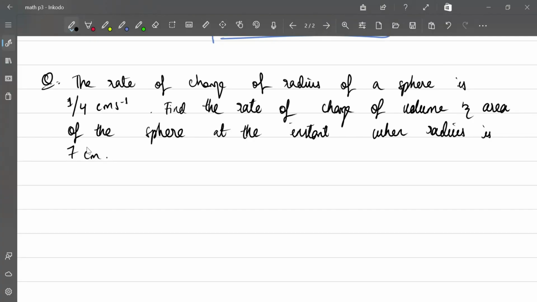All right. So the rate of change of radius of a sphere is 1 upon 4.